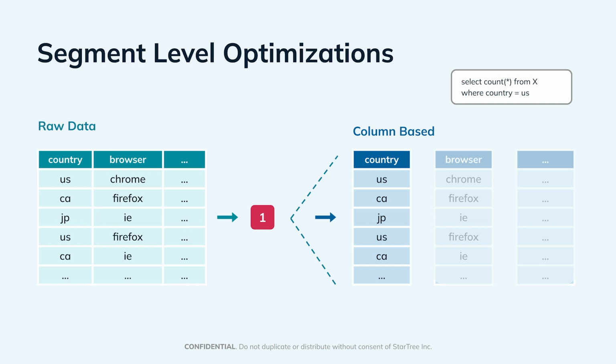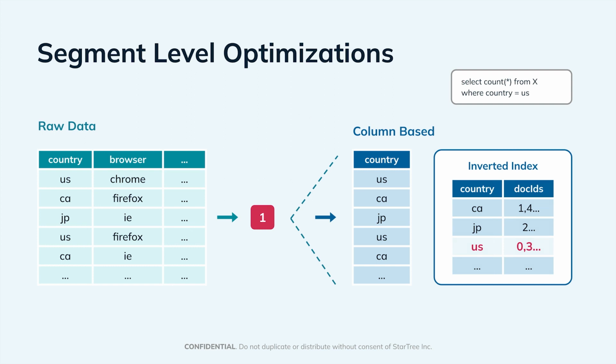But the other thing you could do is add an index for that column, right? So in this case, we can add an index on country. So instead of scanning even one column, we don't have to scan at all. We can just look up which document IDs or which rows have that particular value and do a quick aggregation.